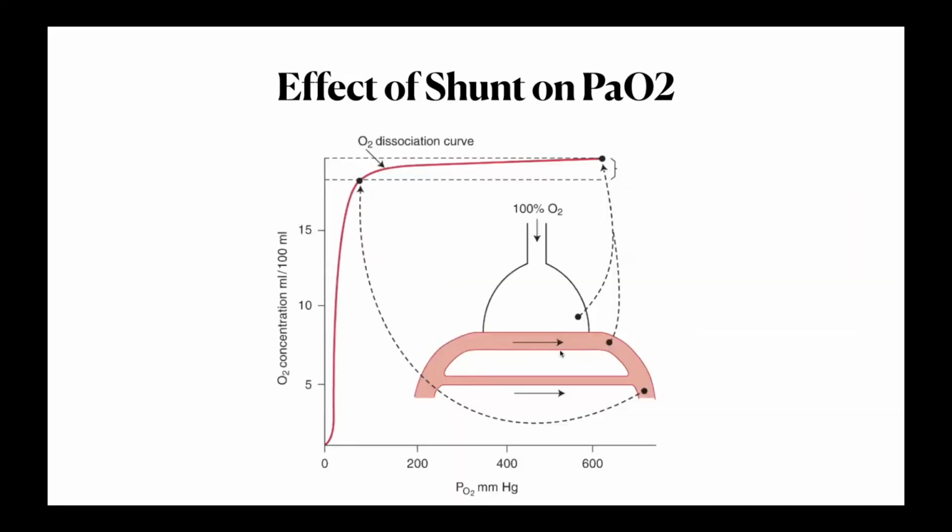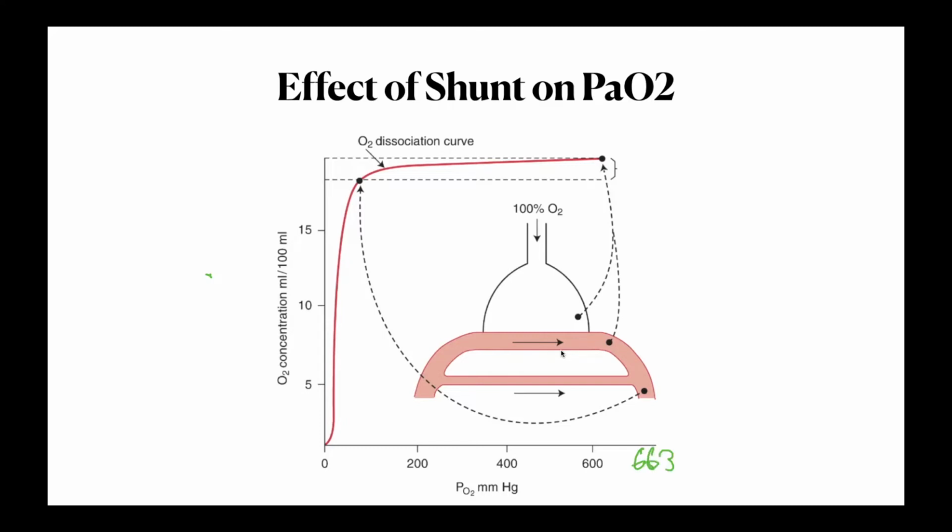So this is the diagram from West. And what this shows is the depression of arterial PO2 by shunt during 100% oxygen breathing. So you've got your PO2 up to, and the maximum you can have with a FiO2 of 1 theoretically is 663.